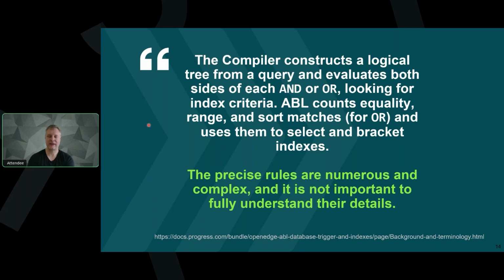You can only influence the compiler to use a particular index, or persuade it maybe. But it is good for us to understand the rules, why they do the things they do, why they select the indexes they do, and also why, for instance, moving from a FIND to a FOR EACH can change things.